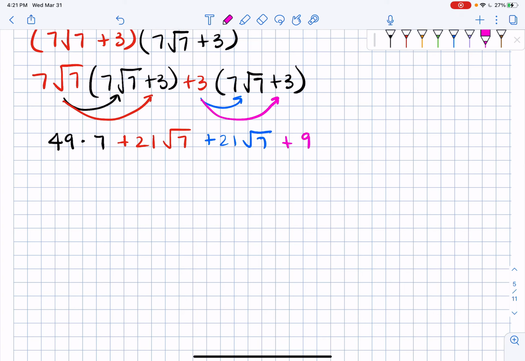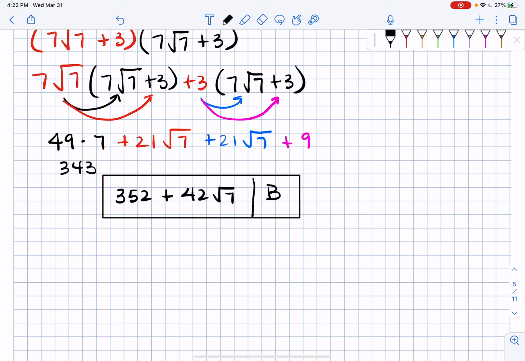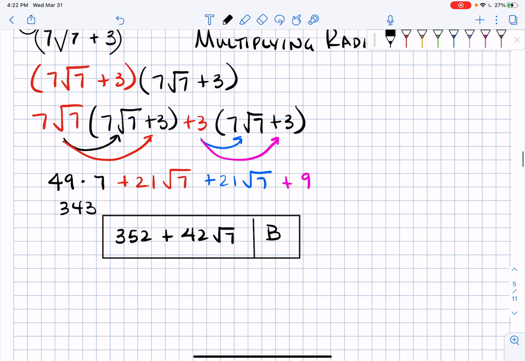So I got the 49 times 7, so that's going to be 343. If I add 9 to it, it's going to be 352 plus 42 square root of 7. And with that being said, that is going to be choice B. And there we go. All right, that's number 5.